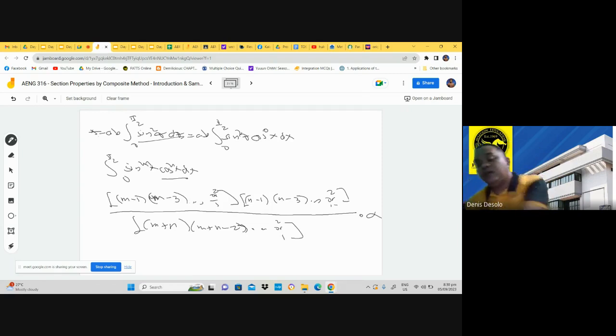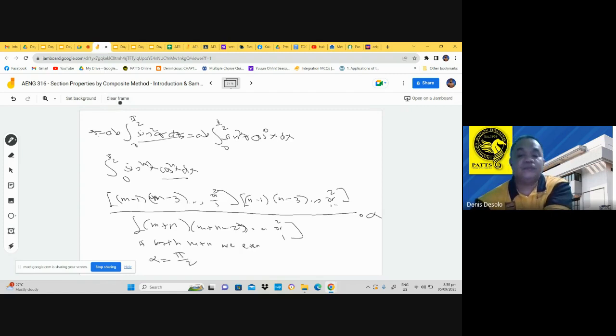So, a multiplier alpha. Alpha is conditional. If both exponents, m and n, are even, then alpha is equal to pi over 2.